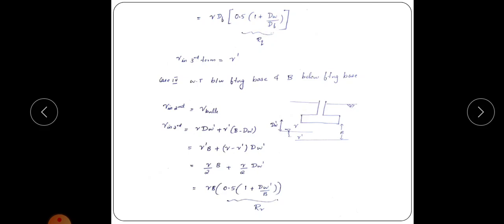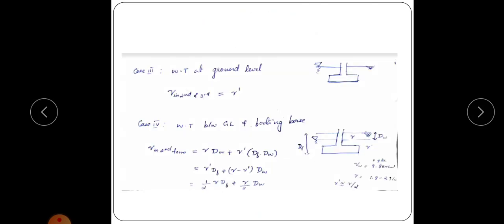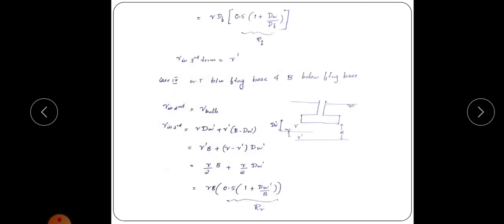And gamma in the third term will be submerged unit weight itself, because the water table is here. So the soil in the third component, that is, the soil for this depth, will be in submerged condition. So in the third term, it is gamma dash itself.